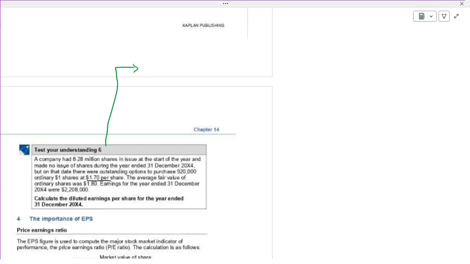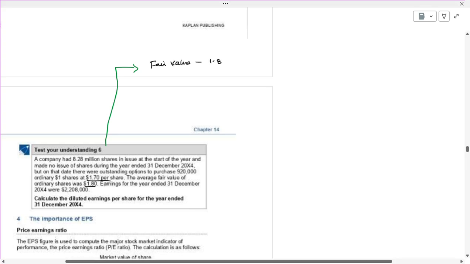The average fair value is how much? The average fair value is 1.8. Is it? Average share value is 1.8. Fair value is $1.8.